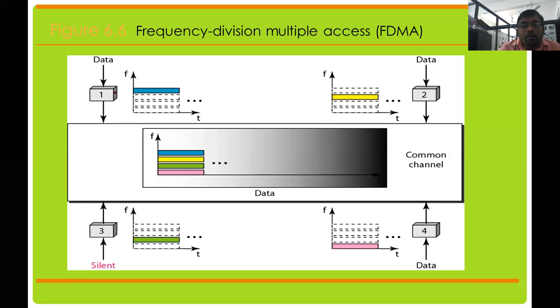For station 1 it is shown in blue, for station 2 in yellow, for station 3 in green, and for station 4 in pink. In this way, all stations have different bands of frequencies for the transmission of data, and this is transmitted through the common channel where these 4 different frequency band signals are carried.